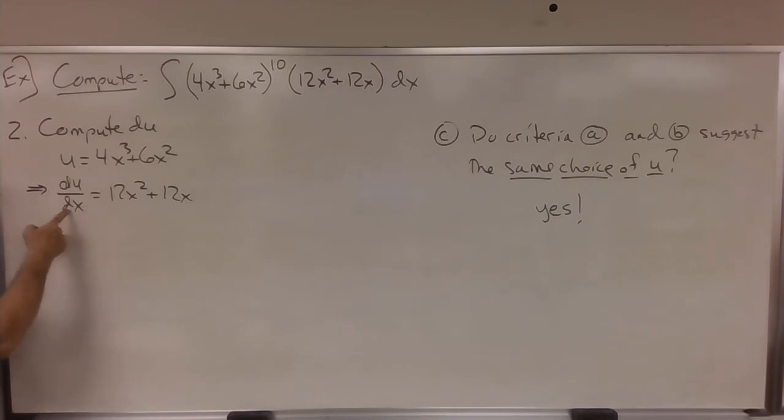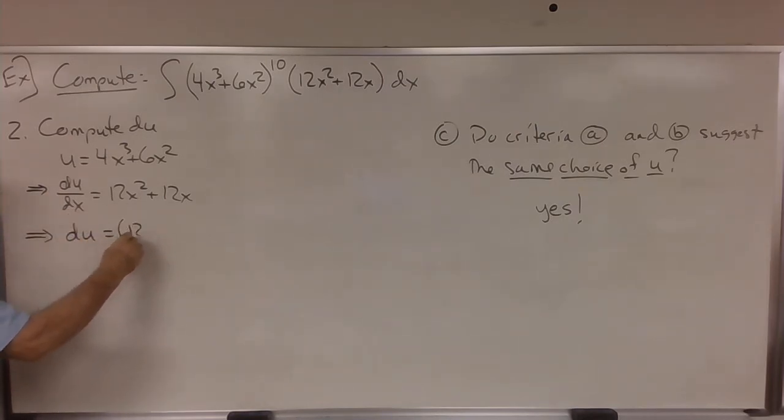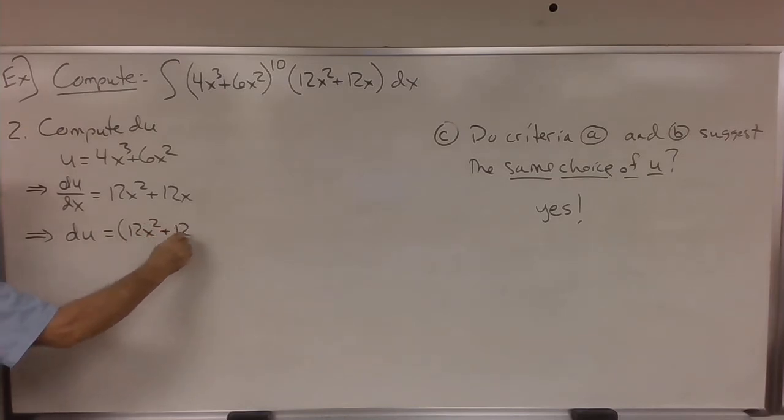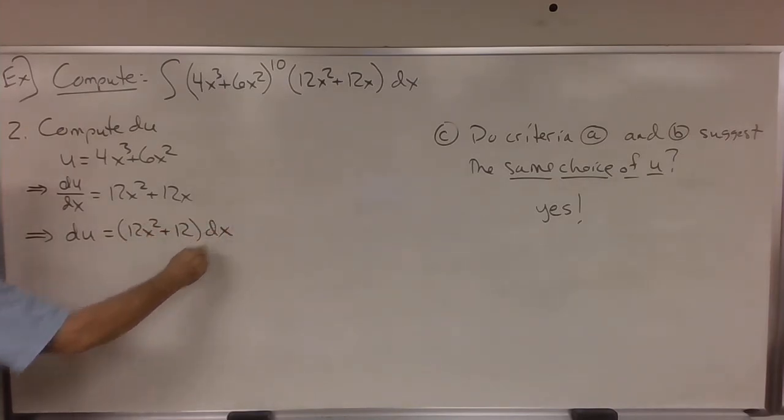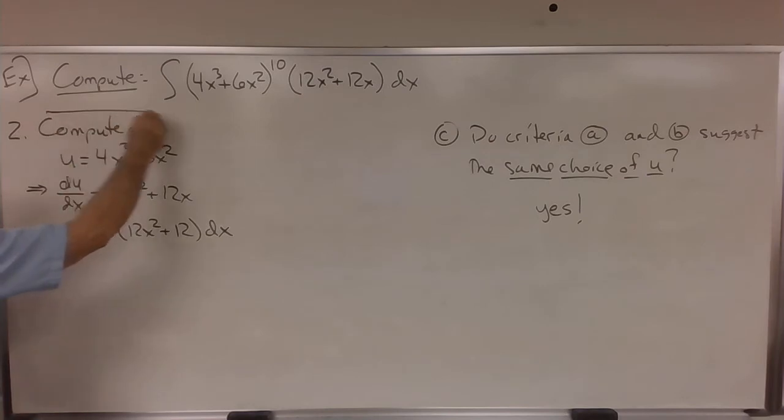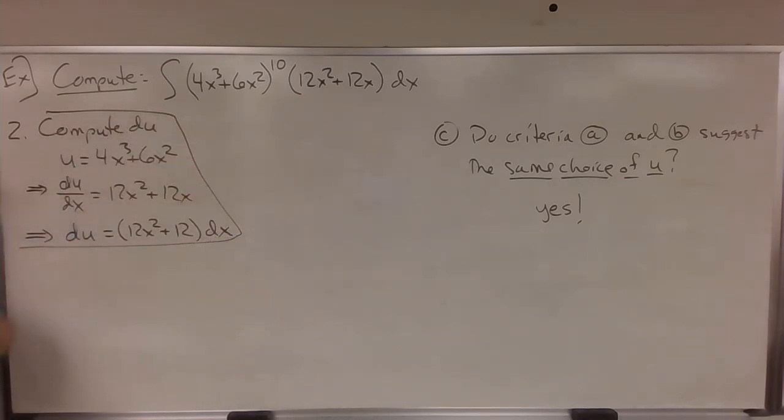And to get du, we multiply both sides by dx. And I think I'll put all of this in a box because from the last example I remember that step 2 contains my international rate of exchange. And I don't want to forget what that is.